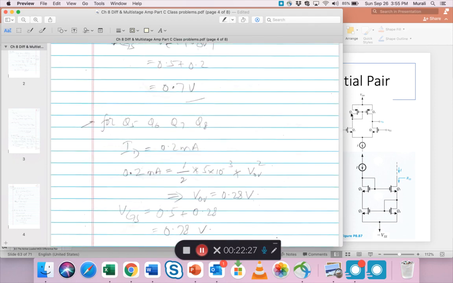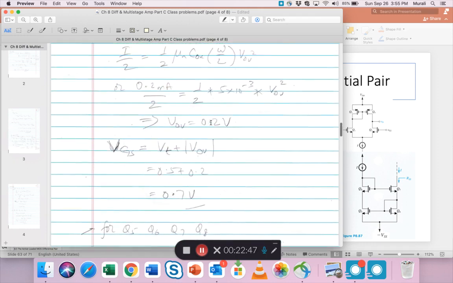So that is for these. Now for the Wilson current generator, Q5, Q6, Q7, Q8, ID is also 0.2 milliamps, right?